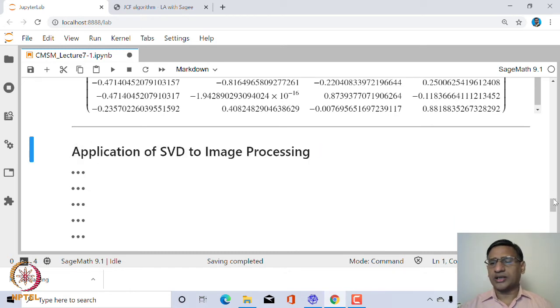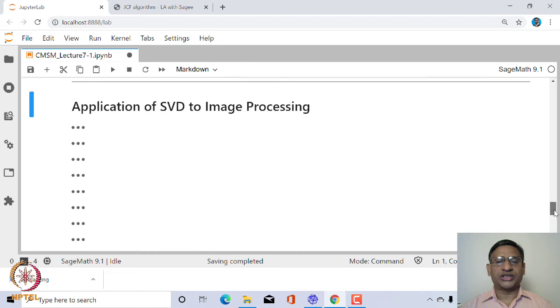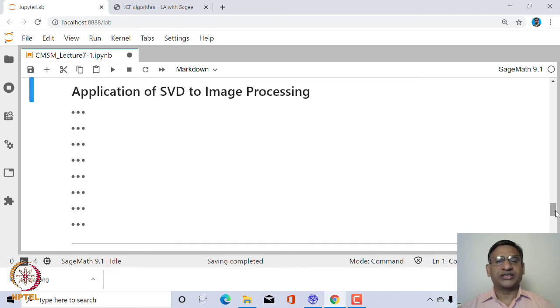Now let us look at an application of singular value decomposition to image processing, basically image compression.